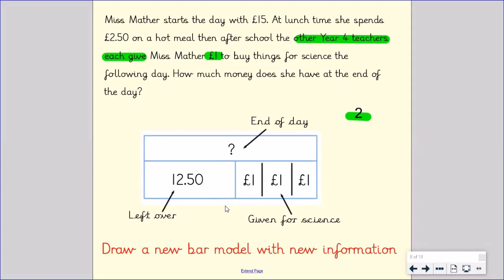Okay, so we've got £12.50 here, and we've got our 3 £1 here for science for tomorrow. What we don't know is how much she'll end up with. Okay, so there's my bar model representing the information that I know and what I need to find out, which will help me work out what my equation is.